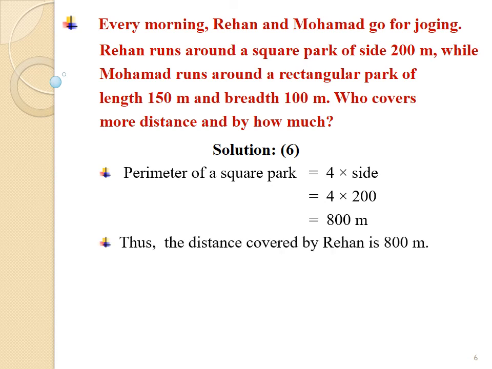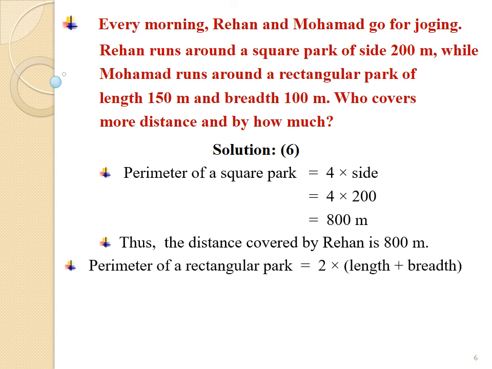Now, let us find out perimeter of a rectangular park. Thus, perimeter of a rectangular park equals 2 into (length plus breadth), which equals 2 into (150 plus 100).